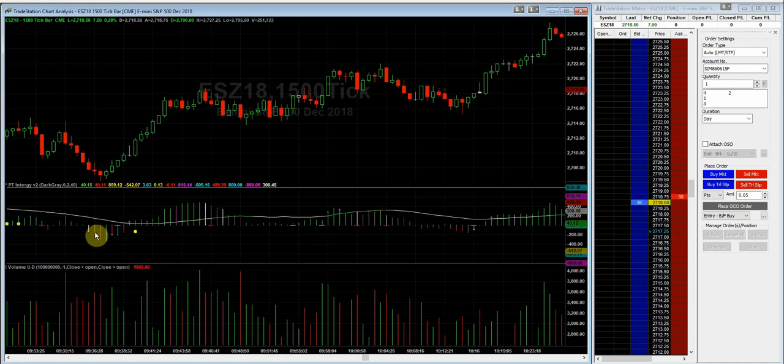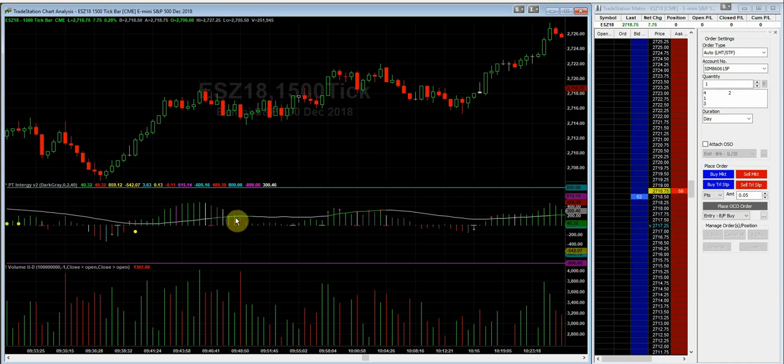And if you get a white bar when the histogram is below the zero limit on the supply side, then the white bar means potentially an end of down. So we have those color codes, and then we have the red bars, which means potential change of direction.